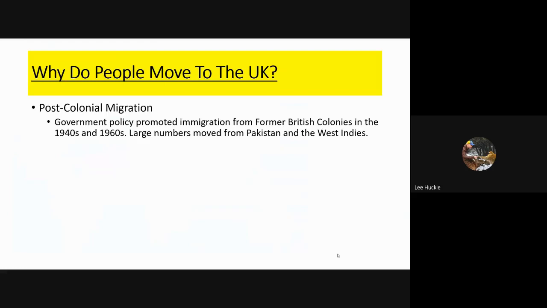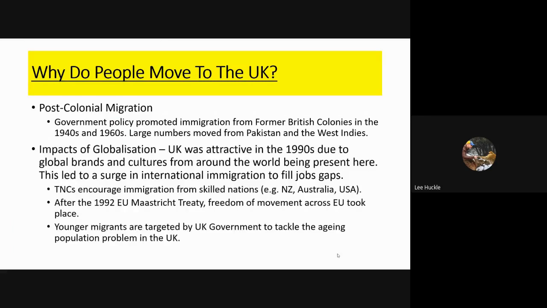So once former British colonies have gained independence, like Pakistan and India and countries in the West Indies in the 1940s, then up to the 1960s, it was government policy to actually allow people who lived in those former British colonies to move to the UK to live and work.